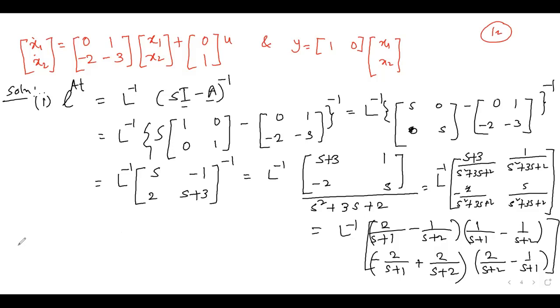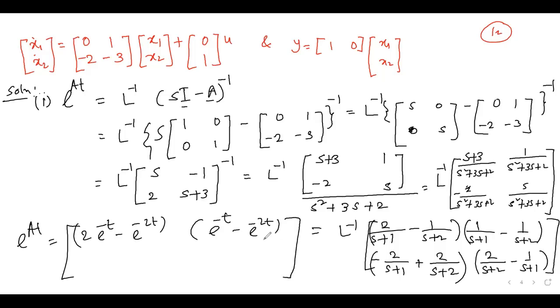So that means e to the power at is 2 e to the power minus t minus e to the power minus 2t. This is e to the power minus t minus e to the power minus 2t. This one I'm writing the plus term first and taking 2 common: 2 e to the power minus 2t minus e to the power minus t. And this is e to the power minus 2t minus e to the power minus t.